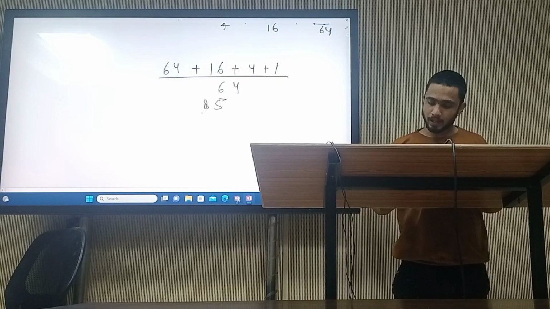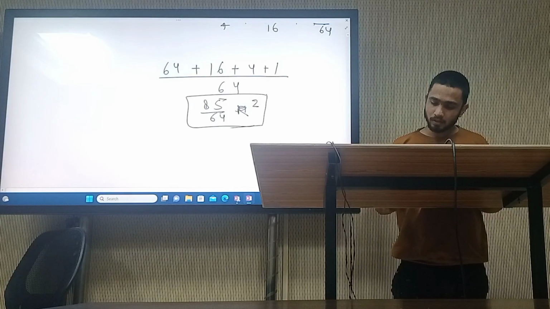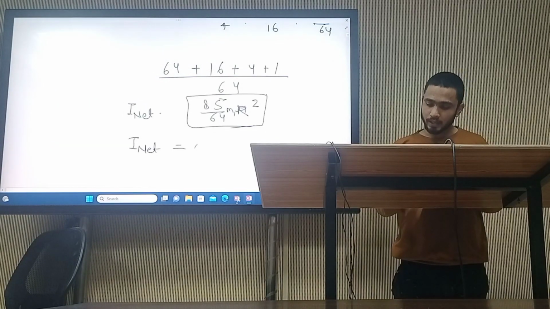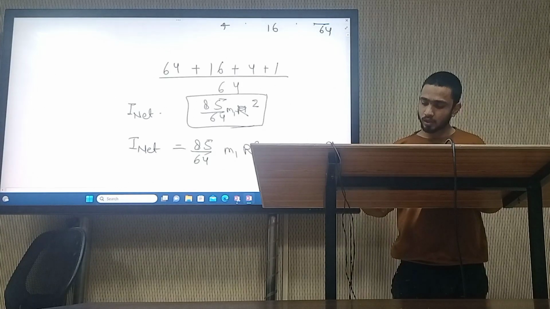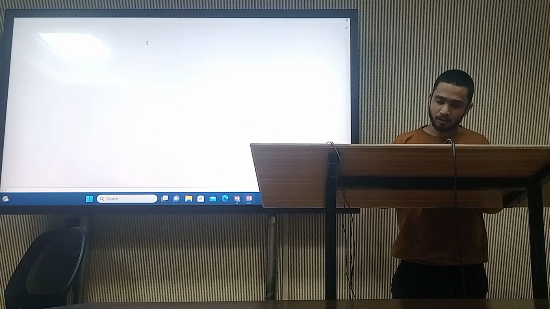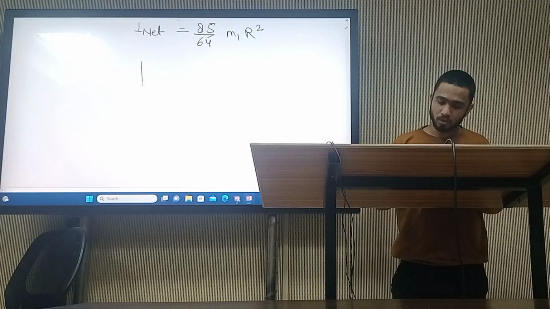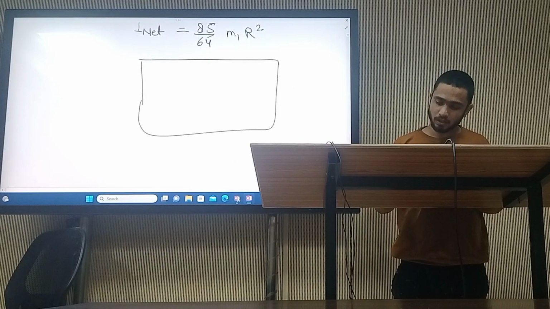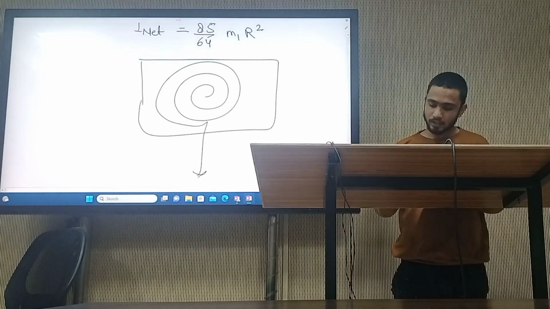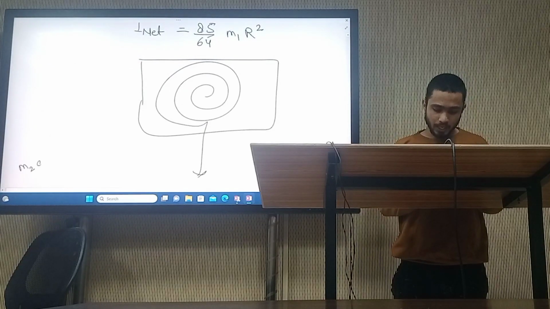So 64 plus 16 plus 4 plus 1 is 85, so 85 by 64 into R square into m1. So I net is equal to 85 by 64 into m1 r square.